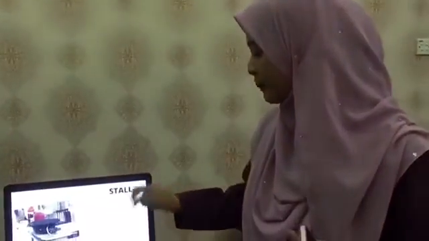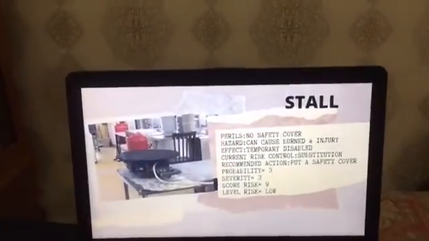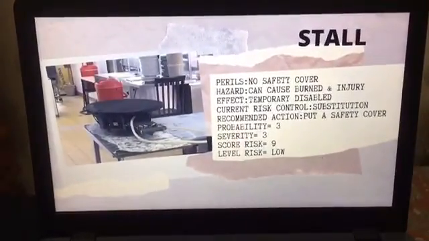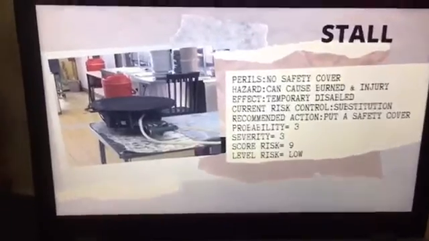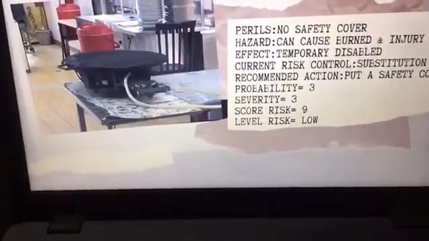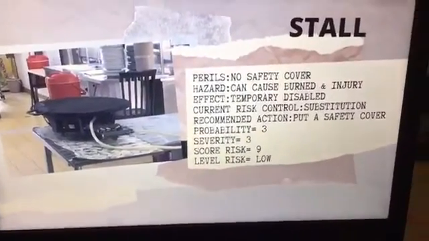The recommendation is to put on a safety cover. The probability is 3, which is monthly, and the severity is also 3, temporary disability, and the score is 9, which is low risk.